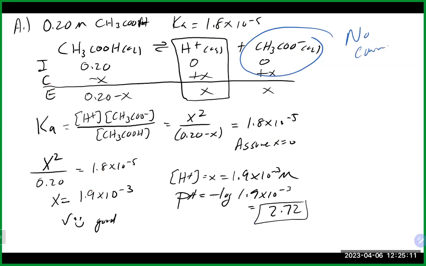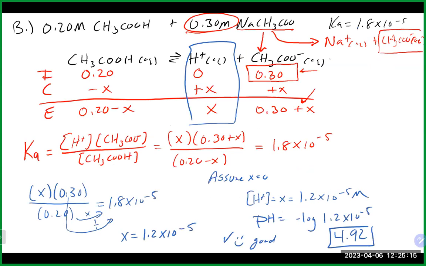Now, with the common ion here, we ended up with an H plus value of 1.2 times 10 to the minus 5, which is a much lower H plus concentration. And that's because the presence of that common ion pushed the equilibrium back to the left and kept the acid together more than it did when the acid is just by itself. So it caused that shift to occur.